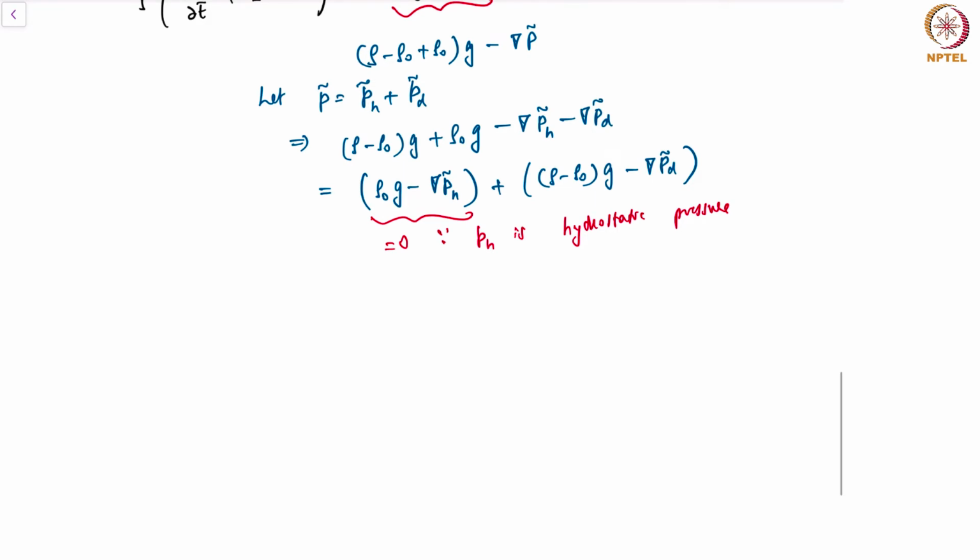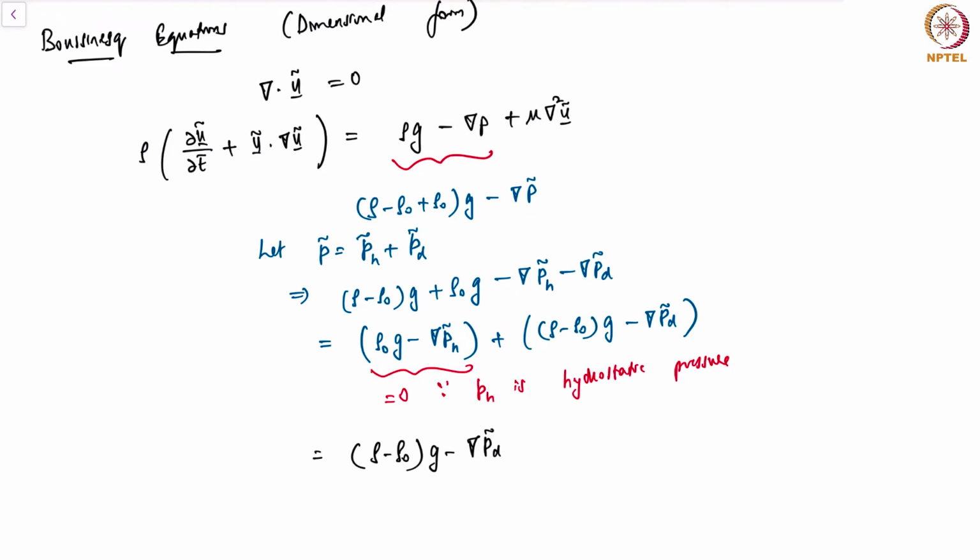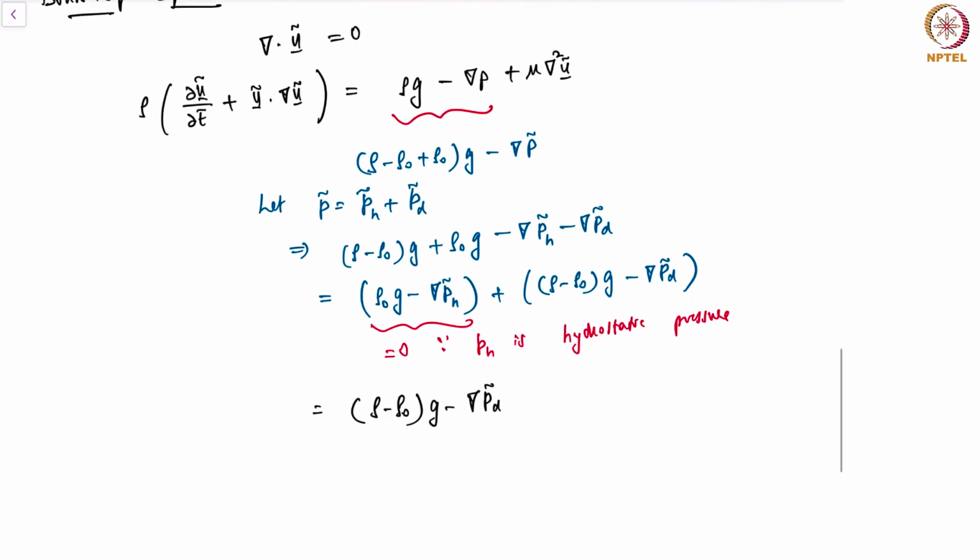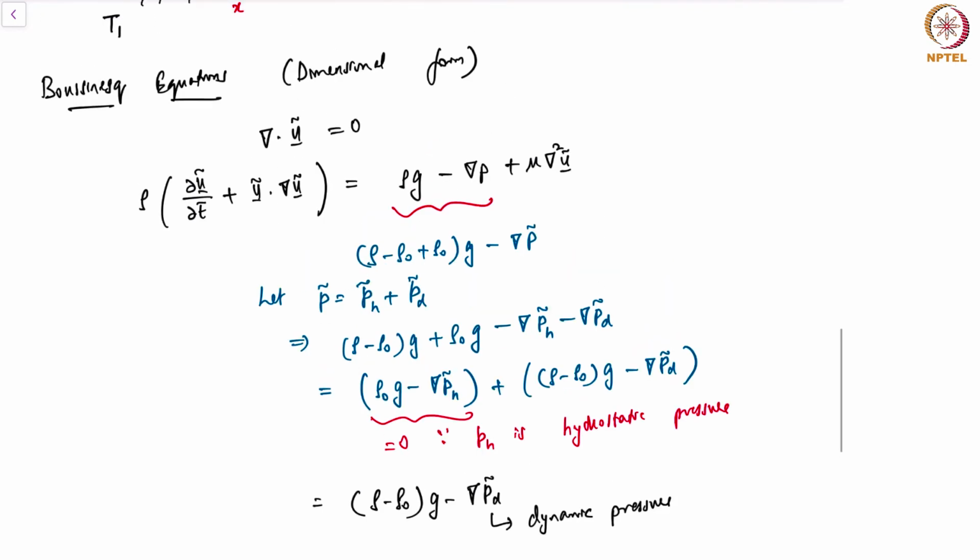Now, what we then have is just rho minus rho naught of G minus grad PD. This is what we have, where PD here is a dynamic pressure. That's the dynamic pressure.